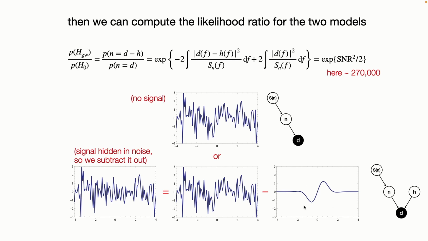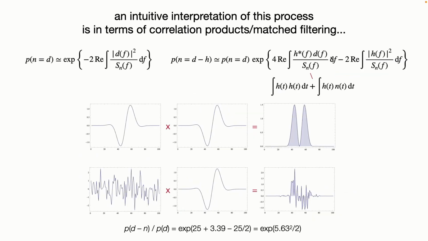In one of them, I've subtracted out the signal, and so this ratio, the two probability, is actually almost 100,000 here. And this would be a signal to noise ratio. You can take this as a definition here, around 5. Okay, so this is the game effectively, right? Compare models using your knowledge of the noise.